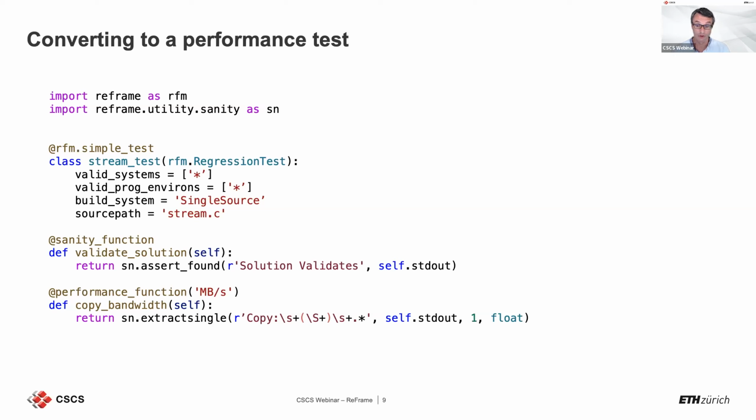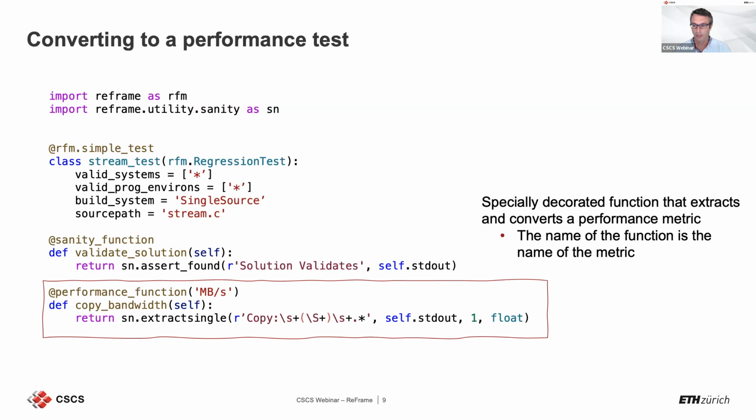You can also name it, and you can use the name if you want to, and convert the result, the string you extracted, into a float. So then your actual performance value is a float. If any error happens, then the test will abort, but not the framework. The name of the metric is by default the name of the function, and this can be changed if you want to with a decorator argument here.